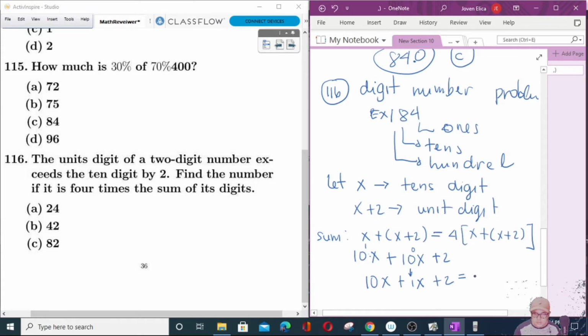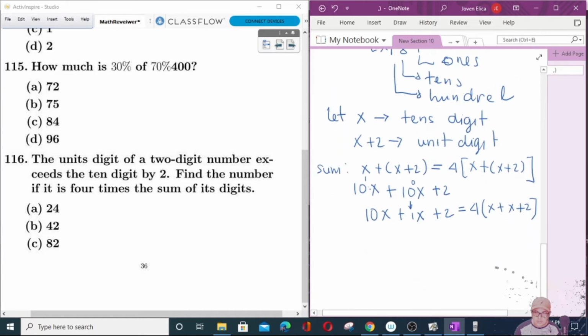So let us simplify. We have 10x plus x plus 2 is equal to 4 times the sum, which is 4 times 2x plus 2, this is equal to 8x plus 8, and the left side is 11x plus 2.